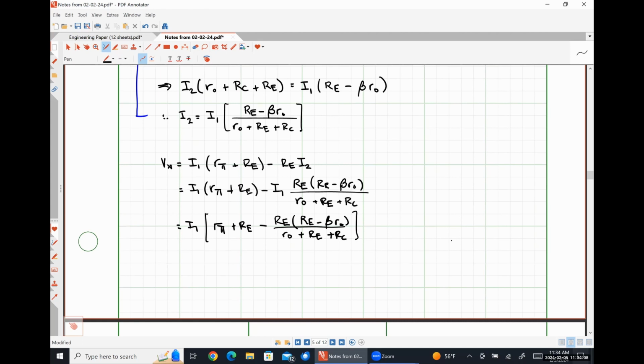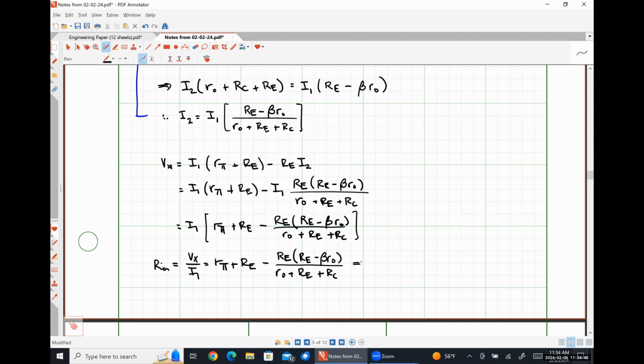So now I can simply divide Vx by I1 and I have my input resistance, right? So Rn is just Vx over I1. So that's going to look like R pi plus RE minus RE times (RE minus beta R naught) over (R naught plus RE plus RC).